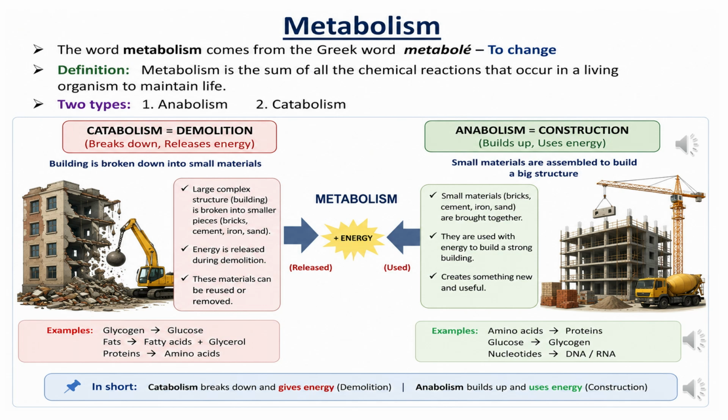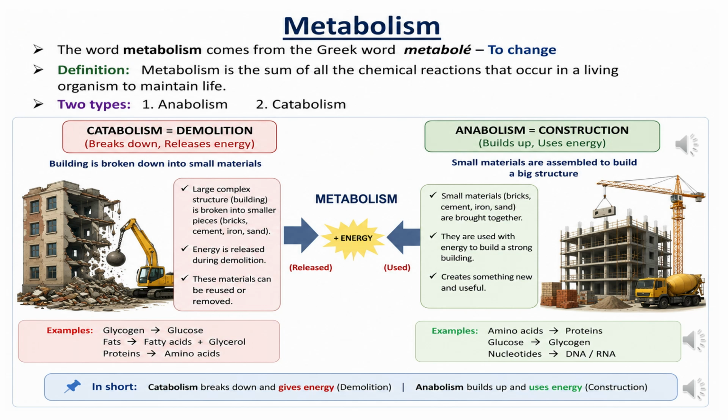2. Anabolism, construction of a building. Now, look at the building under construction on the right side. To construct a new building, workers bring together small materials like bricks, cement, steel, and sand. However, simply having these materials is not enough. They need energy, machinery, and labor to build a strong structure.